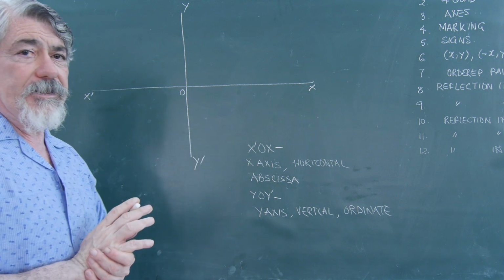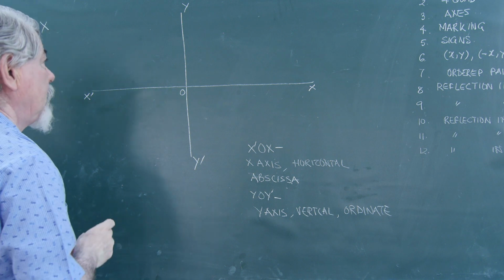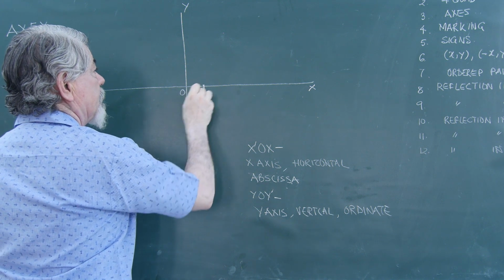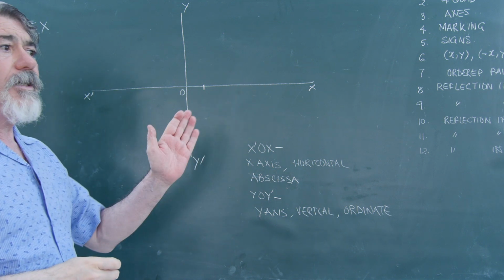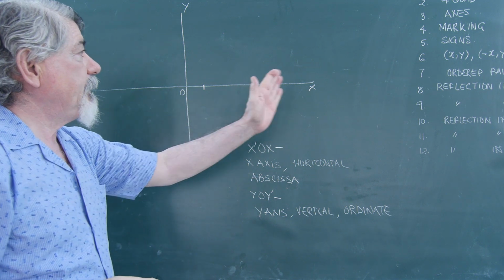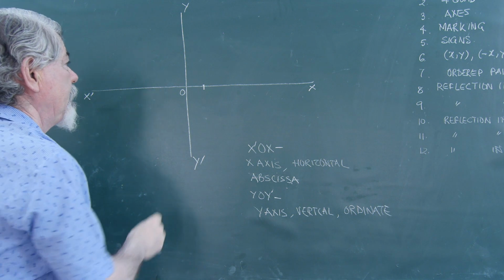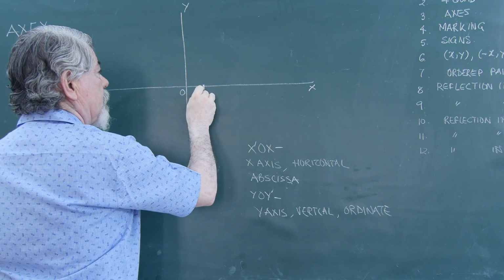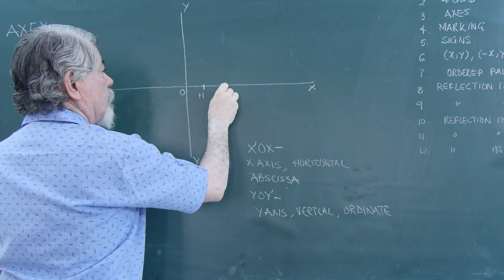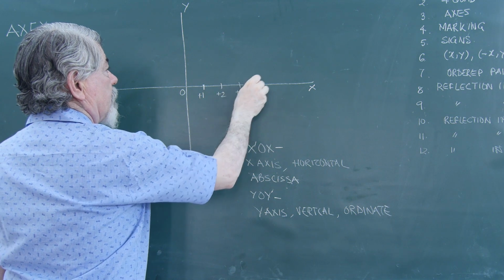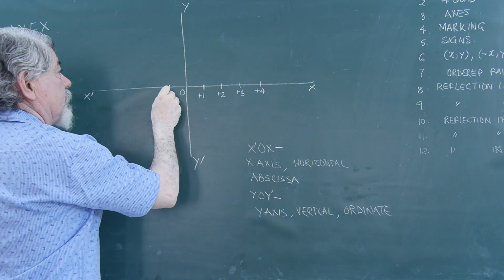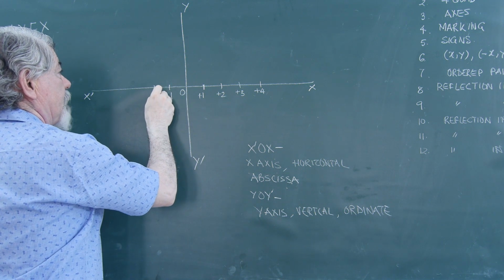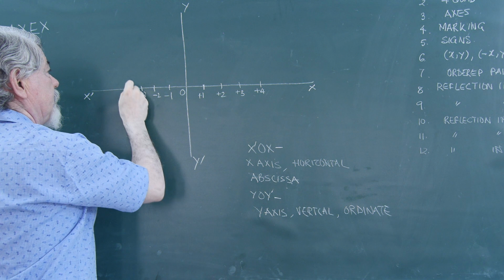These are number lines. On the horizontal line, on the right of O, we take +1, +2, +3, +4, and so on. Similarly, on the left side, I take -1, -2, -3, -4.